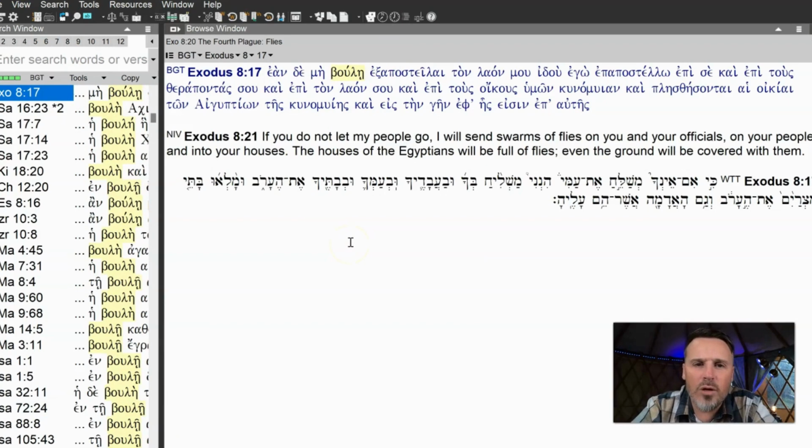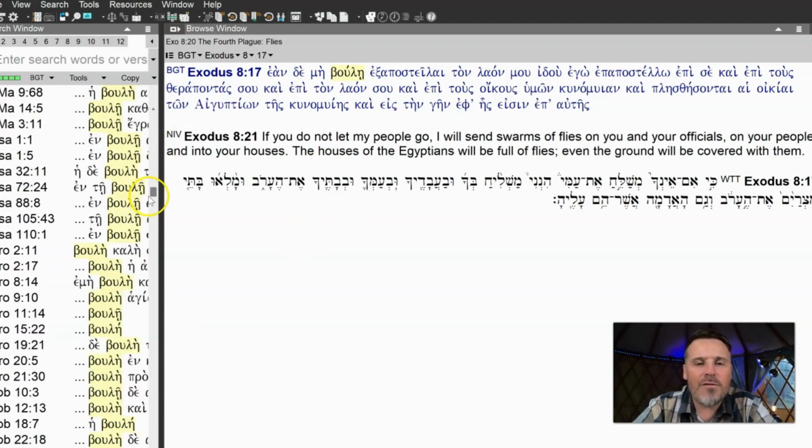Ean de me boule exaposteilai ton laon mou. If you do not decide to let my people go, right, to send my people out. But this has to do with choice or choosing, making the decision, having the volition to be able to do something.